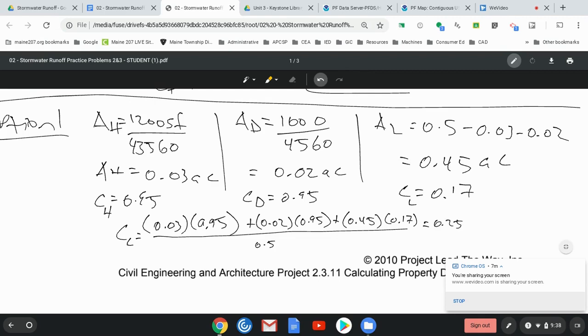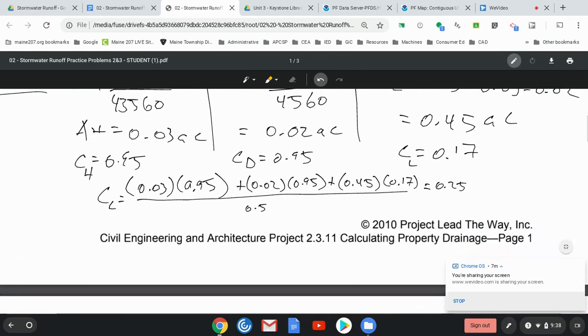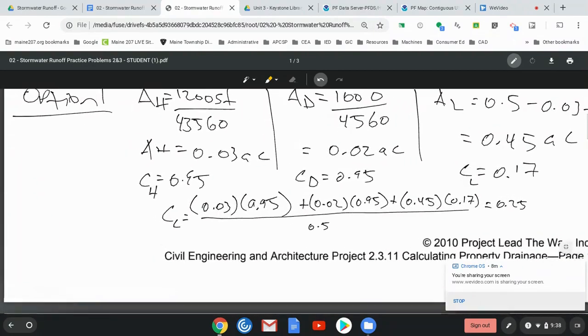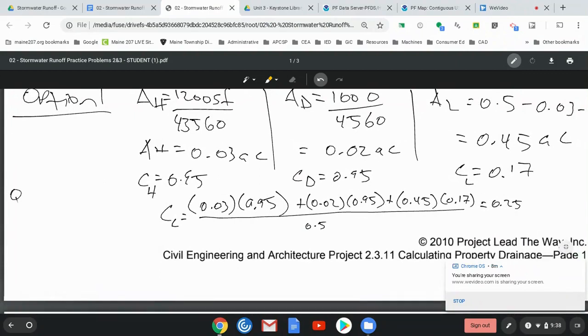All right. And so the option 1 Q value, let's do that over here where we have a little bit of space. Q is equal to 1.25 times 0.25 times 3.05 times a half an acre.